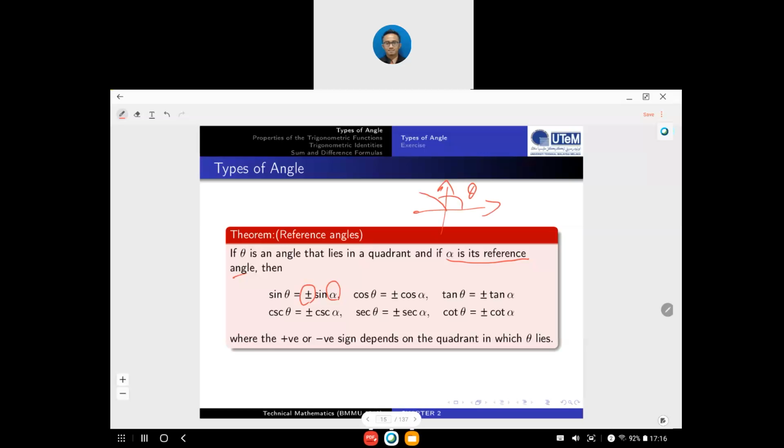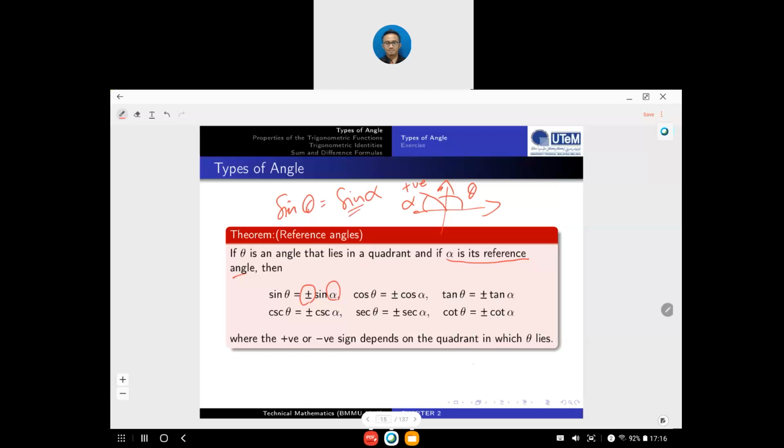Okay, so this one we call it as alpha. Okay, here sine is positive, kan? So bila sine is positive, to find reference angle here also equal to sine theta equal to sine alpha, because second quadrant sine is positive.